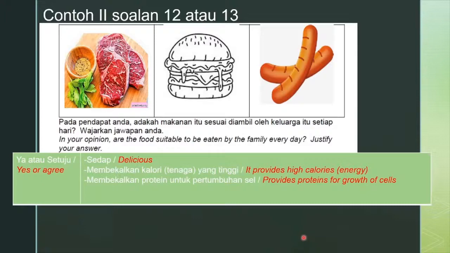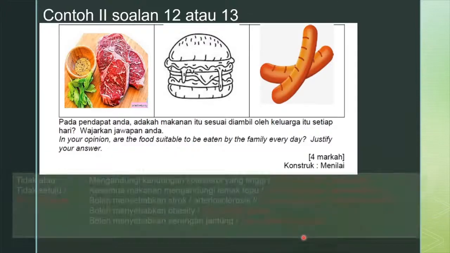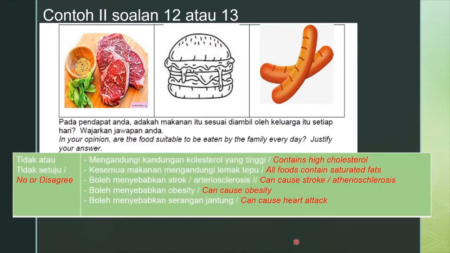Baik, bagaimana pula kalau kita pilih tidak setuju? Inilah wajaran kita untuk memilih tidak bersetuju. So lebih banyak jawapannya kalau kita pilih tidak bersetuju: mengandungi kandungan kolesterol yang tinggi, kesemua makanan mengandungi lemak tepu, boleh menyebabkan stroke ataupun arteriosclerosis.